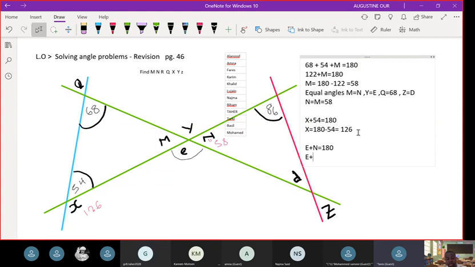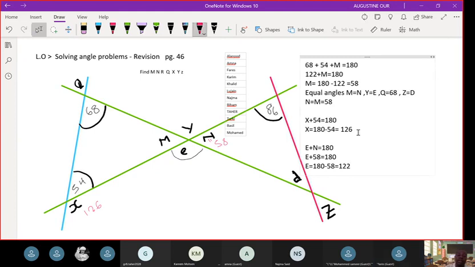So E plus 58 equals 180, so E is 180 minus 58, which is 122.